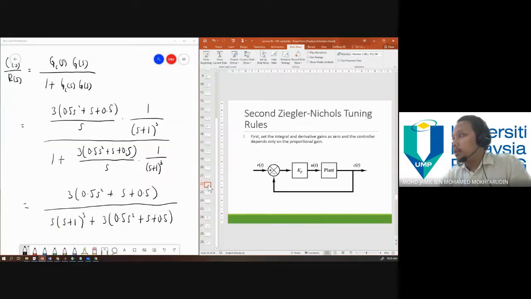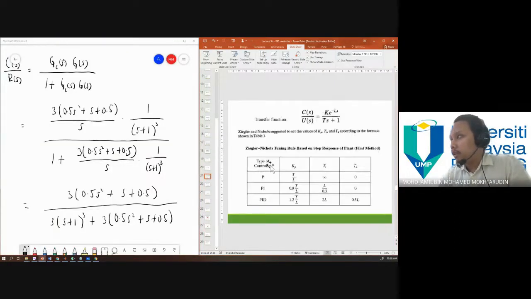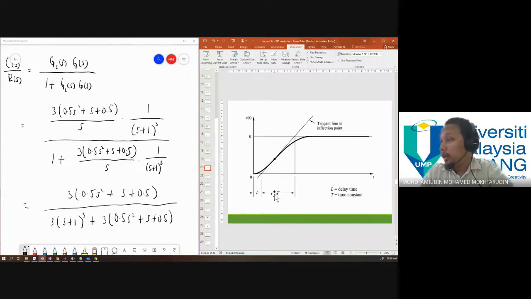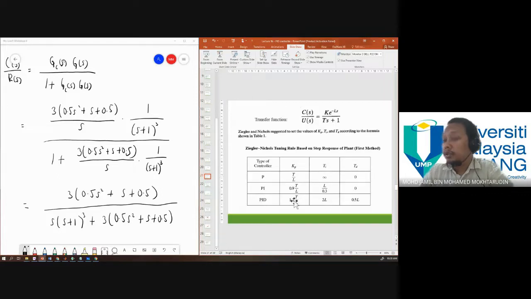Okay, so if you have no question, then I hope you get the idea of how to use the tuning rules for the Ziegler-Nichols method. So you need to find T and L, and then refer to the table, use the row for the PID controller, find Kp, Ti, and Td, and substitute into the transfer function of the controller to get the controller transfer function.